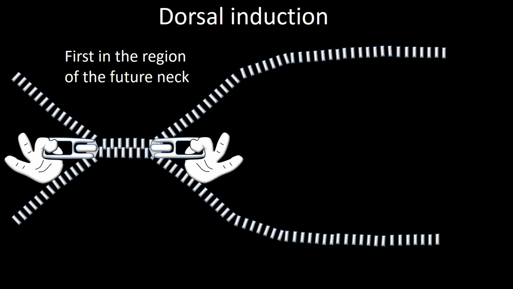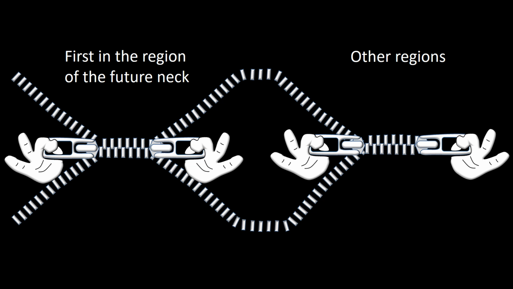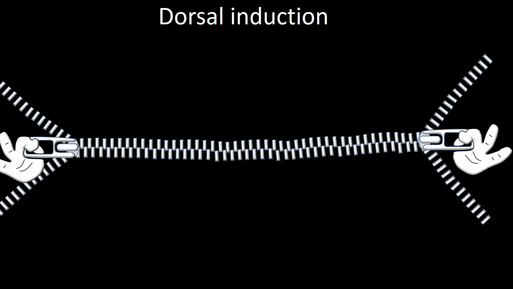The first site of fusion is the region of the future neck, yet the closing does not take place as a simple caudal and rostral sequence. Other areas not contiguous with the area initially fused also begin to close as represented in this frame. Ultimately, the neural tube is left with two polar holes, the anterior and the posterior neuropores.